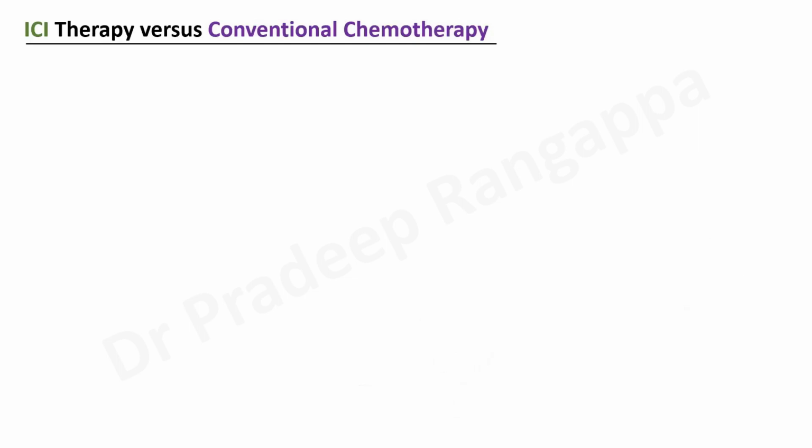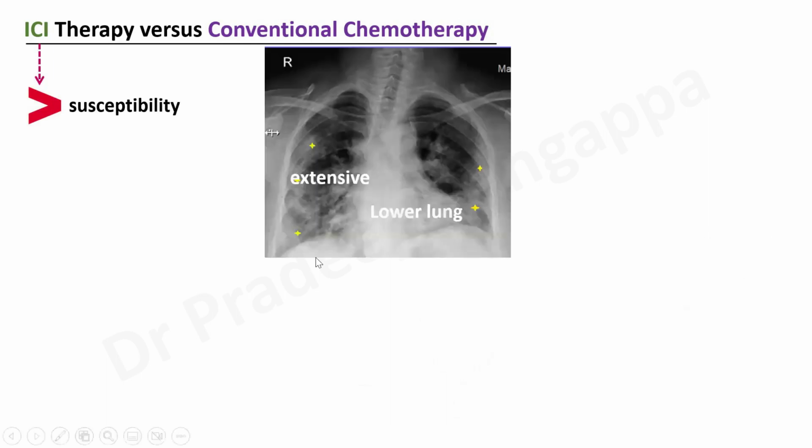So now we need to understand there is immune checkpoint inhibitor therapy causing pneumonitis, and there are chemotherapy agents which also cause pneumonitis. Patients tend to have this with greater susceptibility. There is more extensive lung involvement, and lower lobes are more commonly involved in immune checkpoint inhibitor pneumonitis as compared to other differentials.